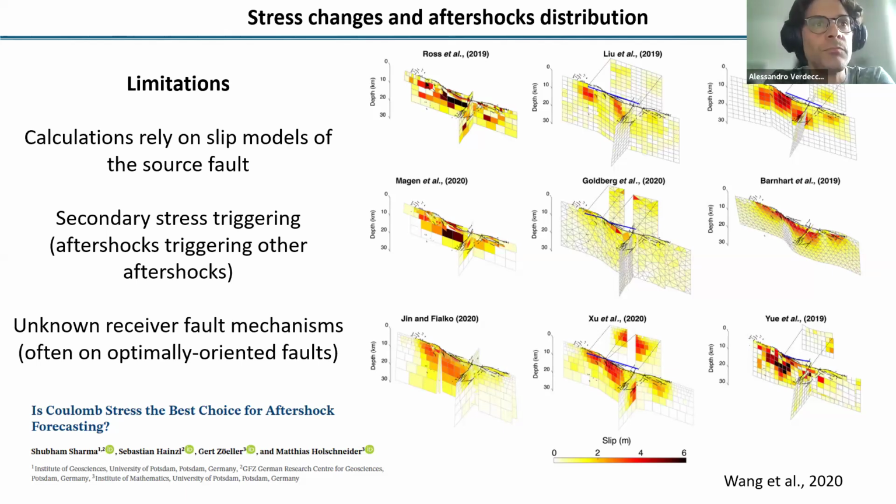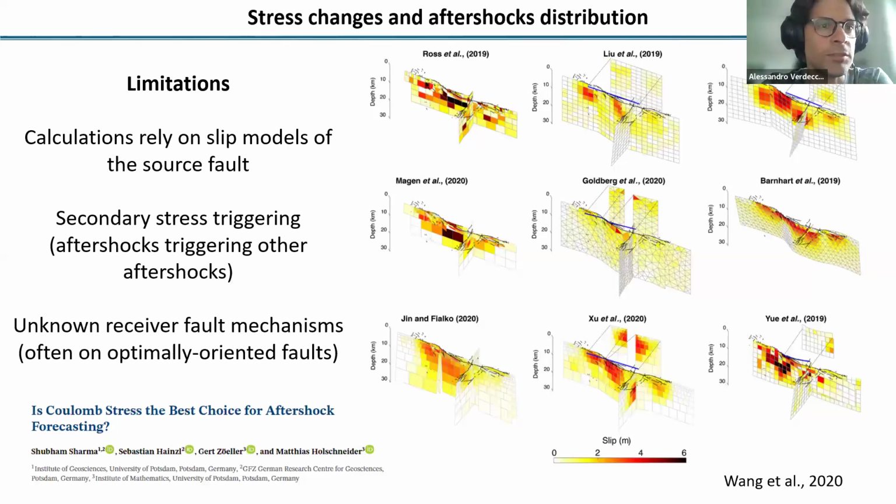And as I was saying, we don't really know the receiver fault mechanism of every aftershock that we study, as we usually do this optimally oriented faults calculation, but the faults that are reactivated during aftershock sequences are not always optimally oriented, and we rely again on the regional stress orientation, which is not always homogeneous.